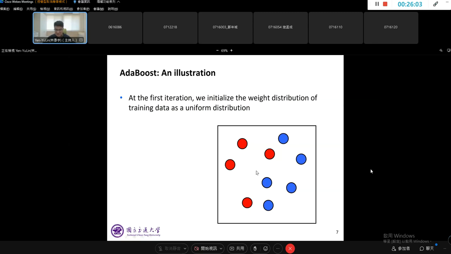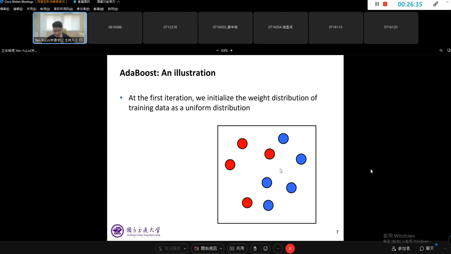This is a two-class classification problem, class red and class blue, and each class has 4 data points. Please notice that the radius of each circle is used to indicate the weight of this training data.